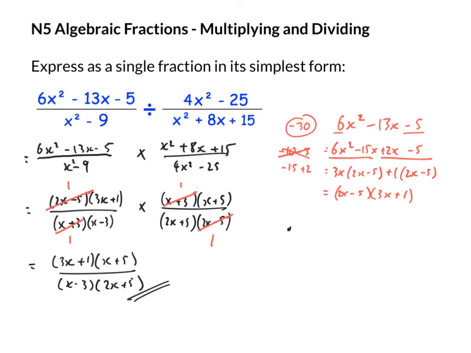So, to be able to do this, you need to remember a few things. You need to remember division: we change that to multiply by the reciprocal. I hope I've spelt that correctly. You need to factorise.